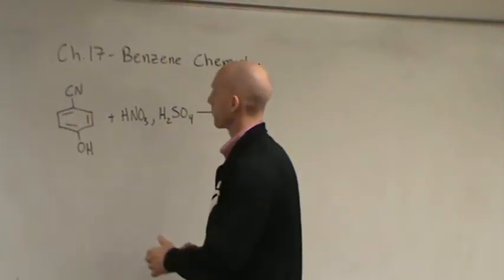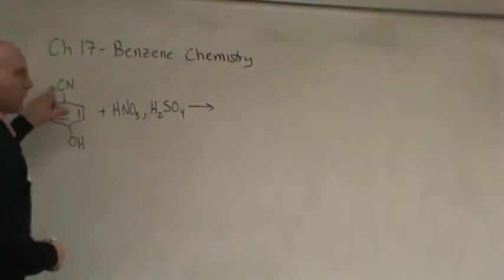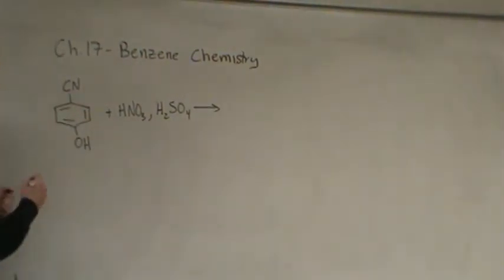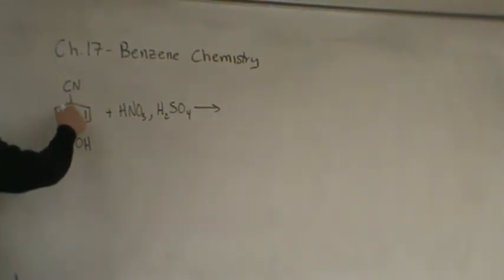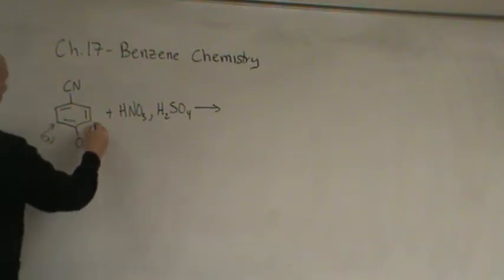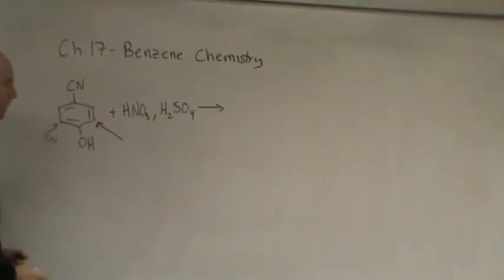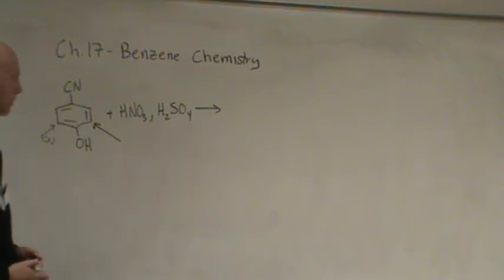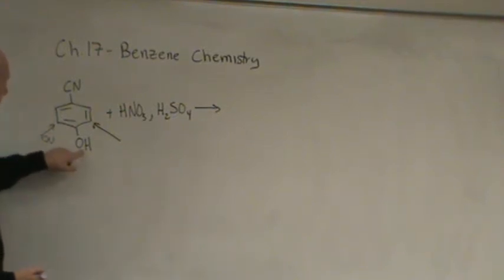Well, remember that CN is what? A meta director. So where is meta to CN? Well, there's ortho and there's meta. Okay? So CN is directing here and here. What about the OH? What kind of director is that?